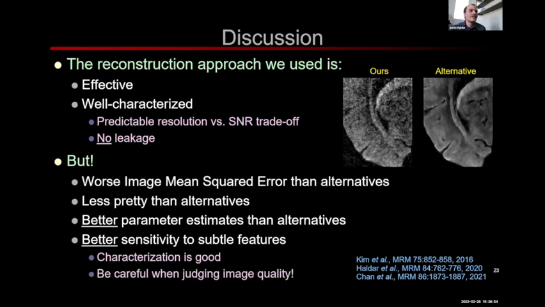But if you don't have it, you need to be careful when you're judging image reconstruction quality, because it's not necessarily the pretty image that is accurate. There's a tendency for a lot of very advanced methods to hallucinate a little bit, and you can definitely have that type of thing happening here.